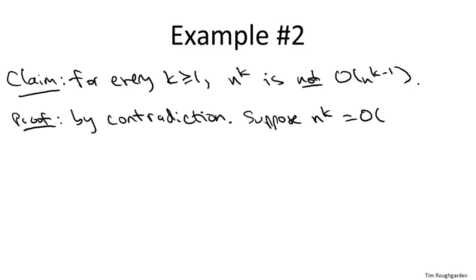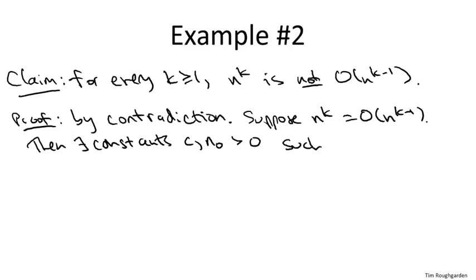Well, we just refer to the definition of big O notation. If in fact n^k hypothetically were big O of n^(k-1), then by definition there would be two constants, a winning strategy if you like, c and n_0, such that for all sufficiently large n we have a constant multiple c times n^(k-1) upper bounding n^k.